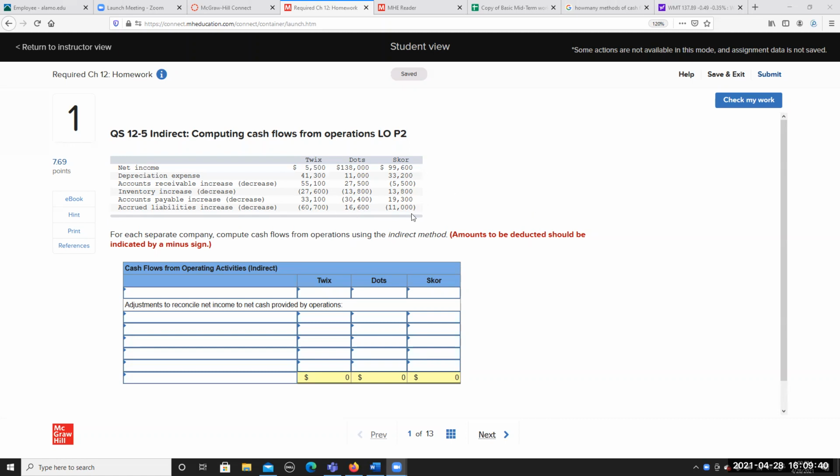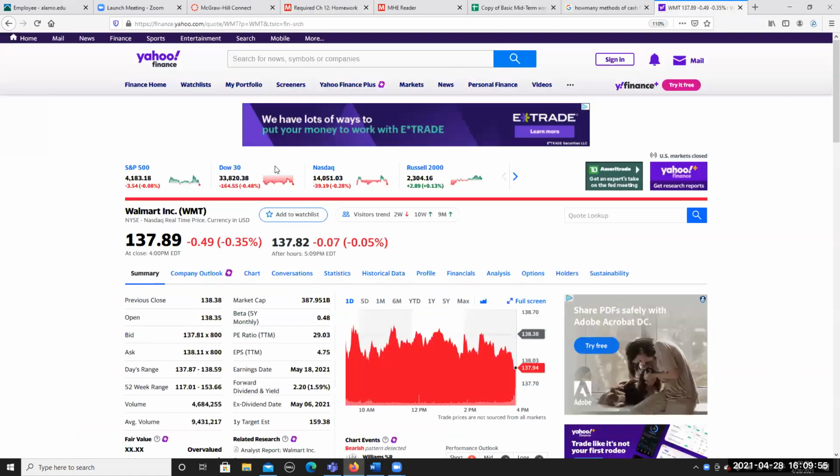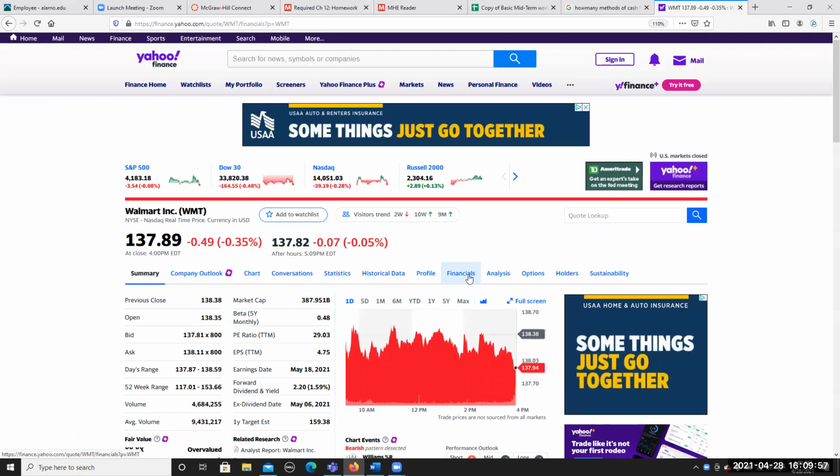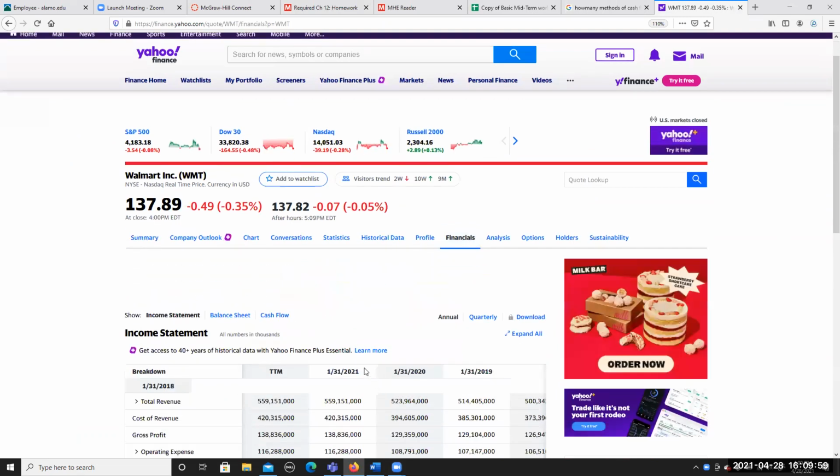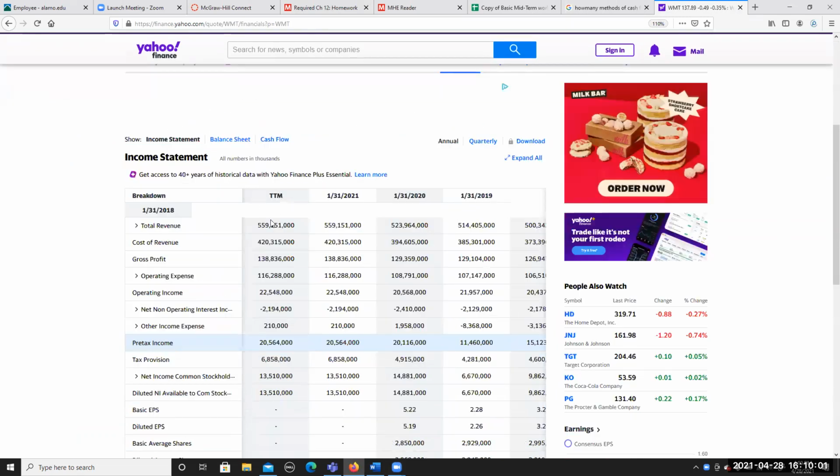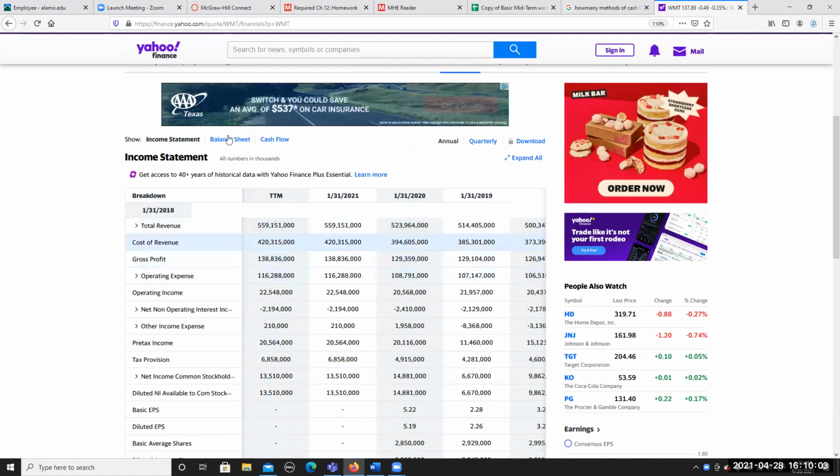And essentially, you're converting the income statement and the balance sheet into cash. And those are prepared under accrual basis. So here you are. Here's Yahoo Finance, and here's the income statement. And this is accrual because there's estimates in there.